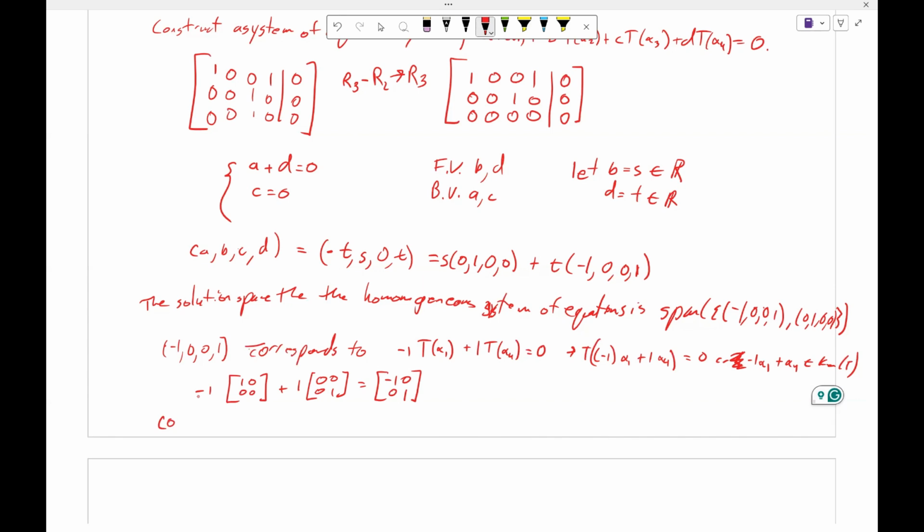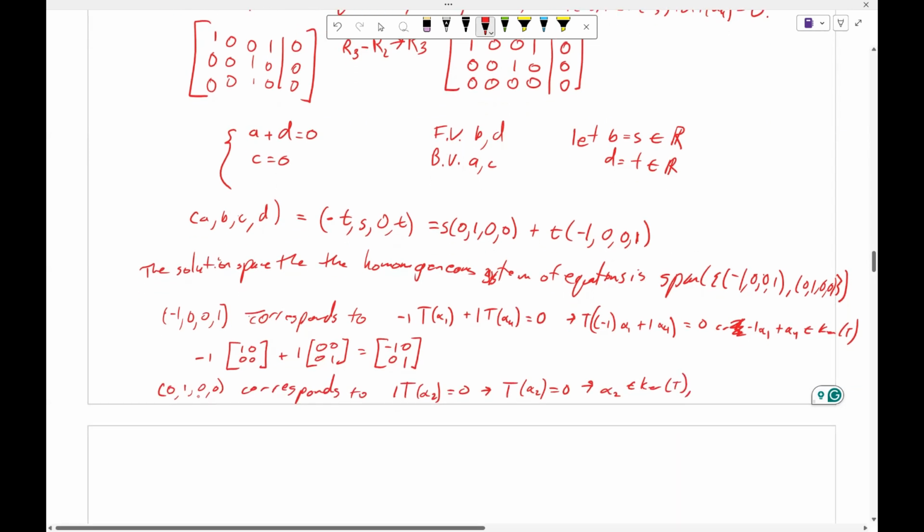Now, if we look at 0, 1, 0, 0, this corresponds to 1 T of alpha 2 equals 0, which implies that T alpha 2 equals 0, which implies that alpha 2 is in the kernel of T. So here we have that minus 1, 0, 0, 1 is in the kernel of T, and 0, 1, 0, 0 is in the kernel.